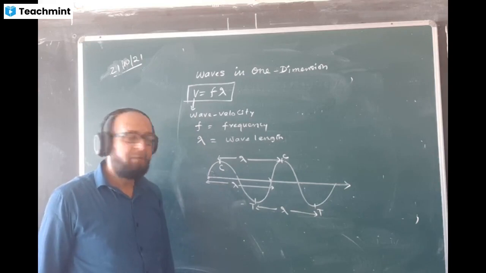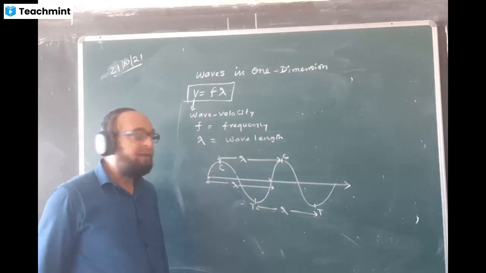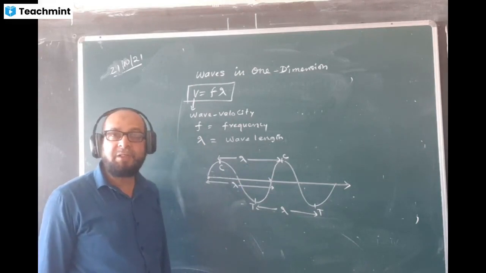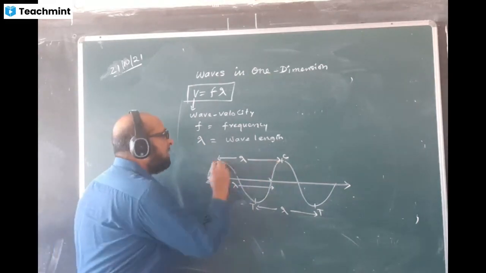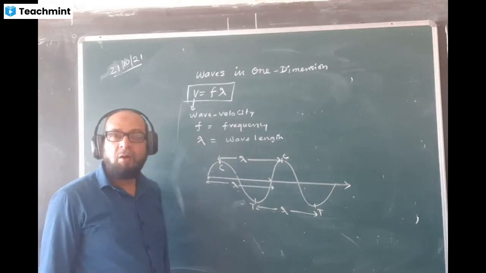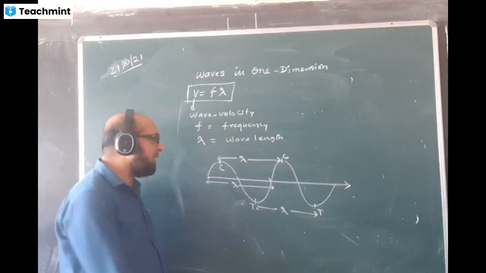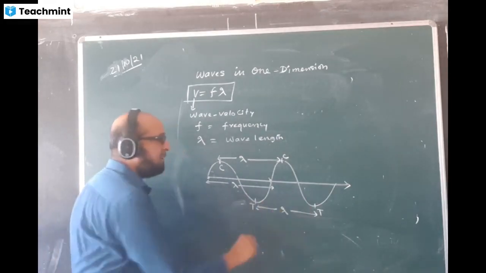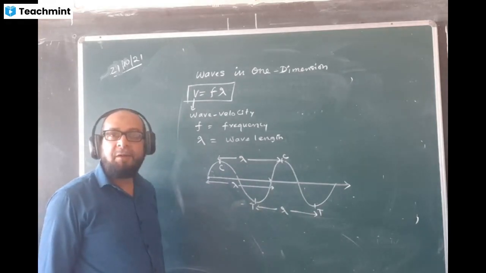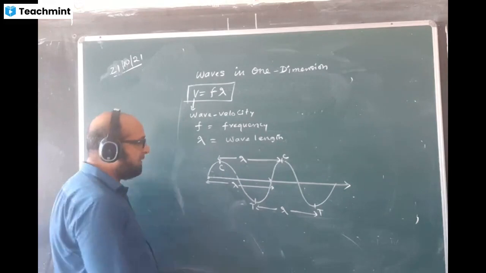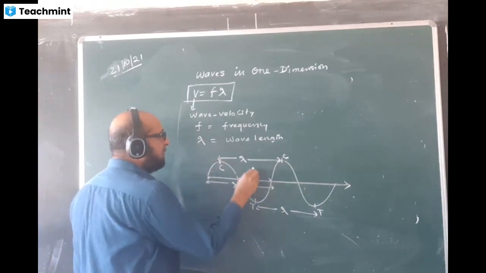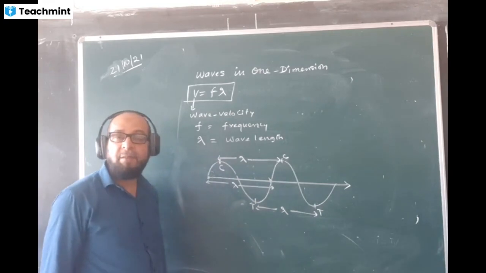Wavelength is the distance between two successive crests, or the distance between two successive troughs. Between one crest and one trough, the distance will be half of wavelength, lambda by 2.